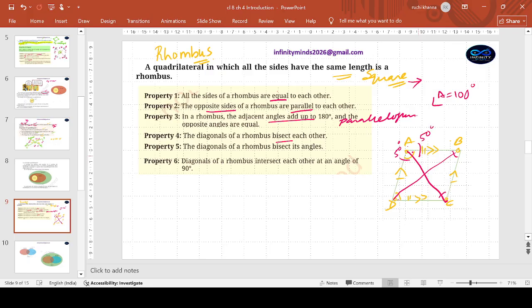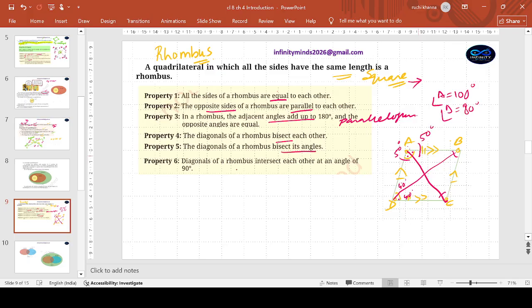Now, if this is 100, angle D is supposed to be 80 degrees because adjacent angles add up to 180. So, this would become 50-50, and this would become 40-40. That's what we mean by saying diagonals bisect its angles.